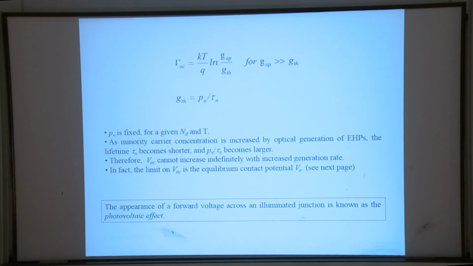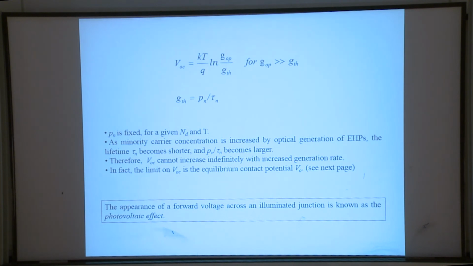And is there a limitation of VOC? From this equation, there's a problem. This equation seems to say that as G_op increases, VOC will increase definitely without limitation, right? But actually, there's limitation because of the band gap. Yesterday I talked about the band gap. Because of the band gap, there's only a certain range that you can have VOC, and it saturates.